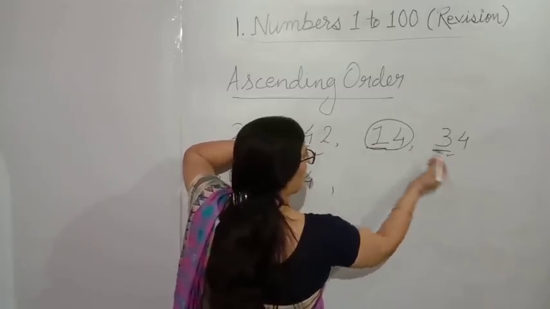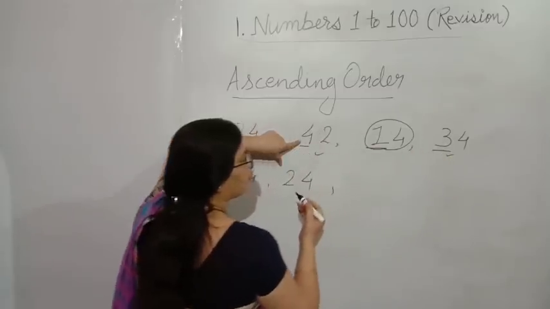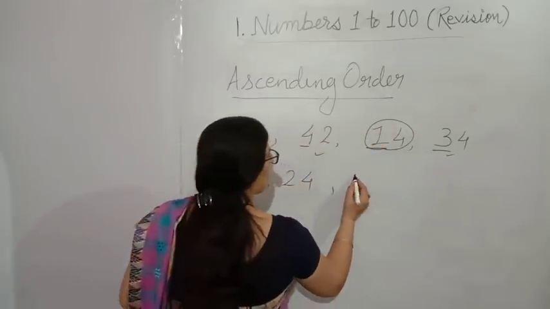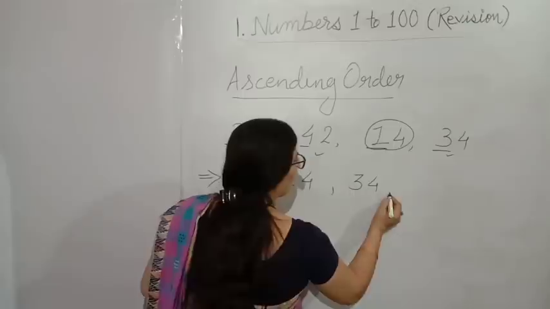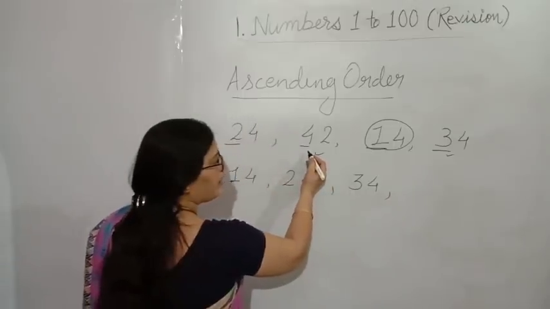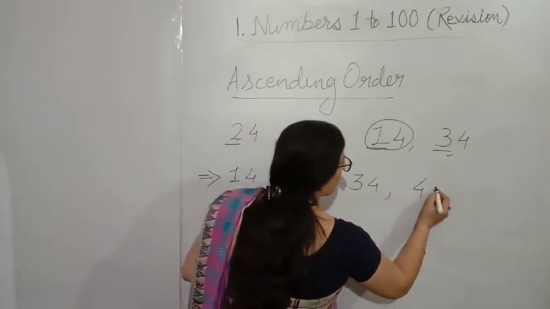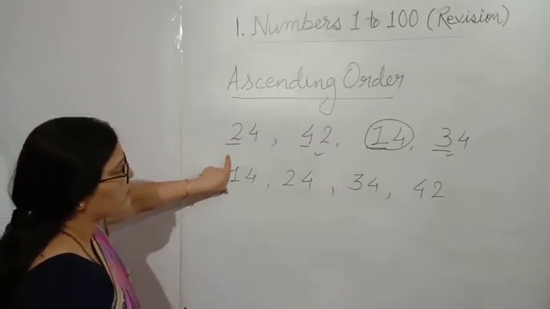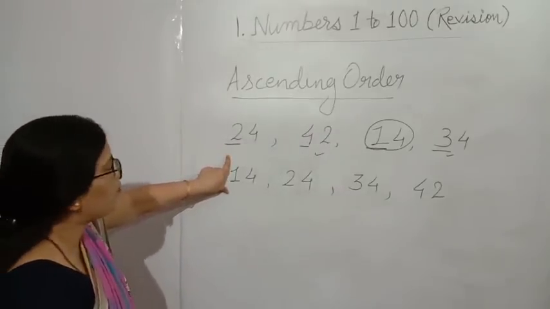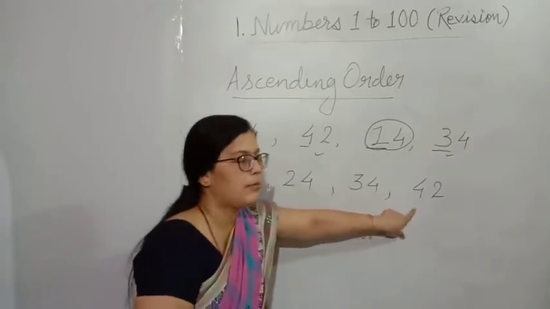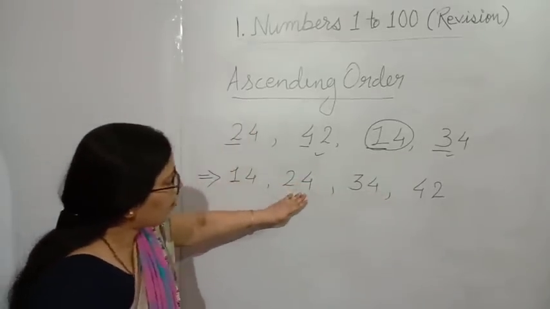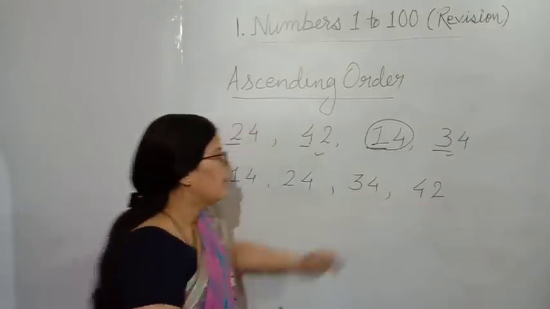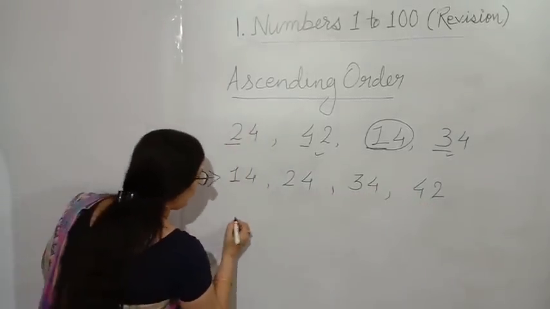Which one is smaller? Yes, it is 34. So write 34. Now which number is left? The biggest number here is 42. So we have arranged the numbers from smallest to biggest: 14, 24, 34 and then 42. Let's take some more examples.